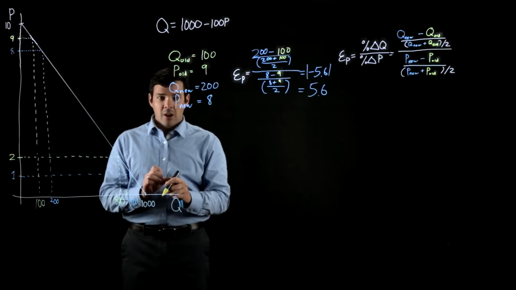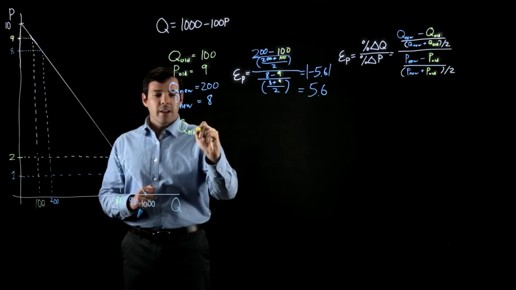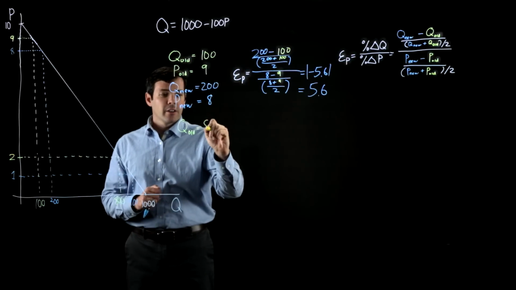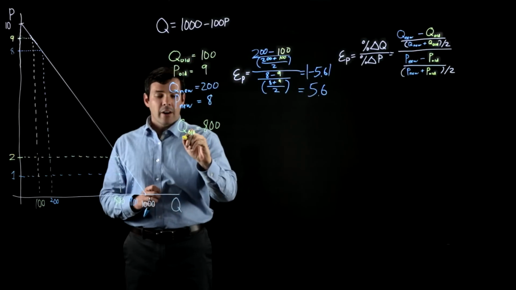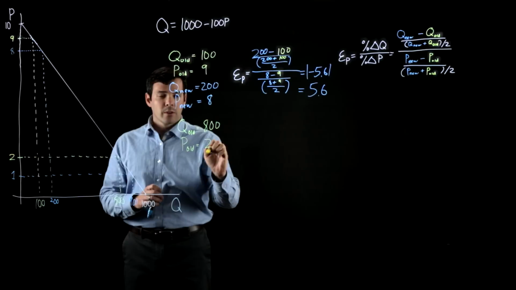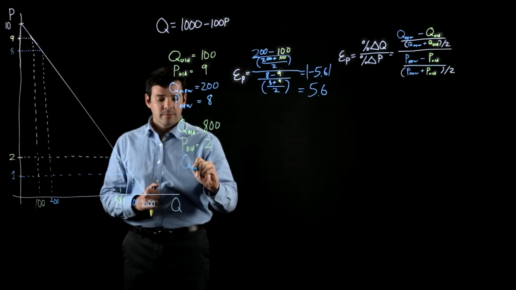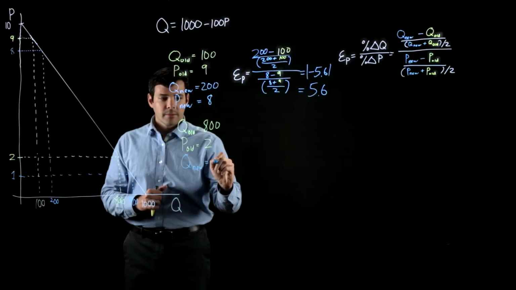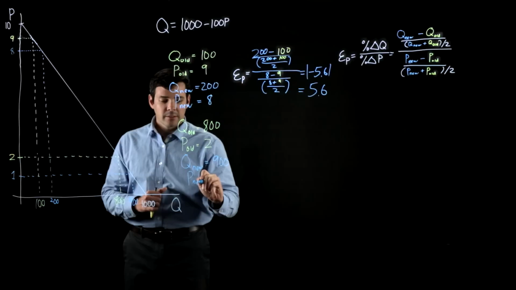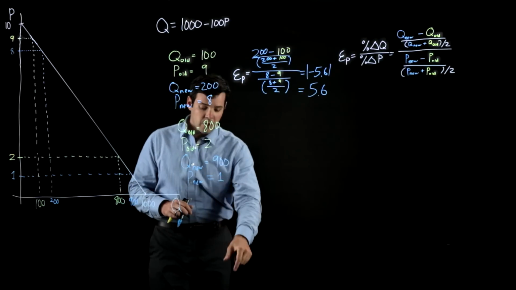So again, we've got our old quantity of 800 at an old price of 2, and a new quantity of 900 at a new price of 1. Let's put these in the equation.